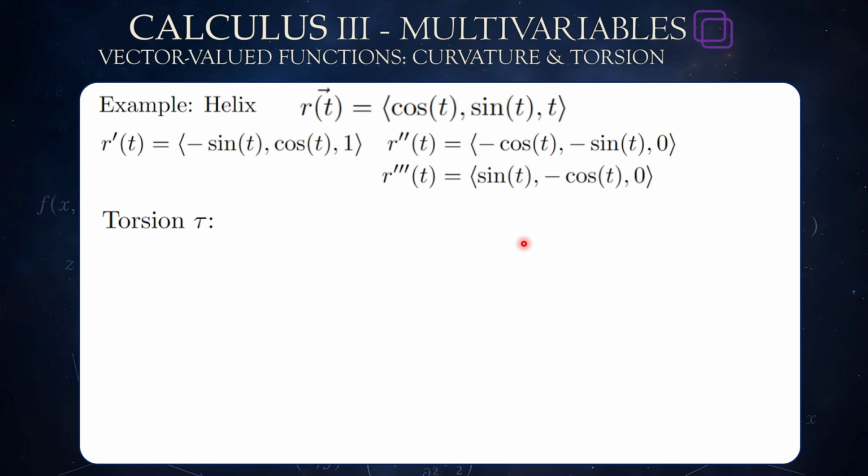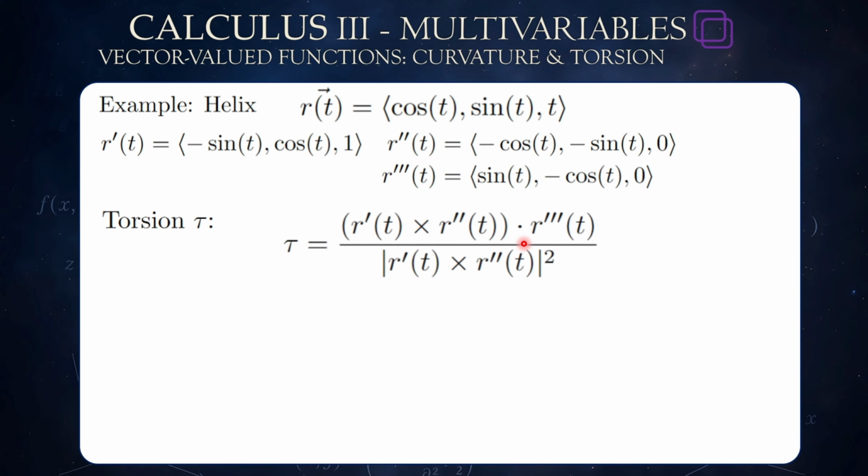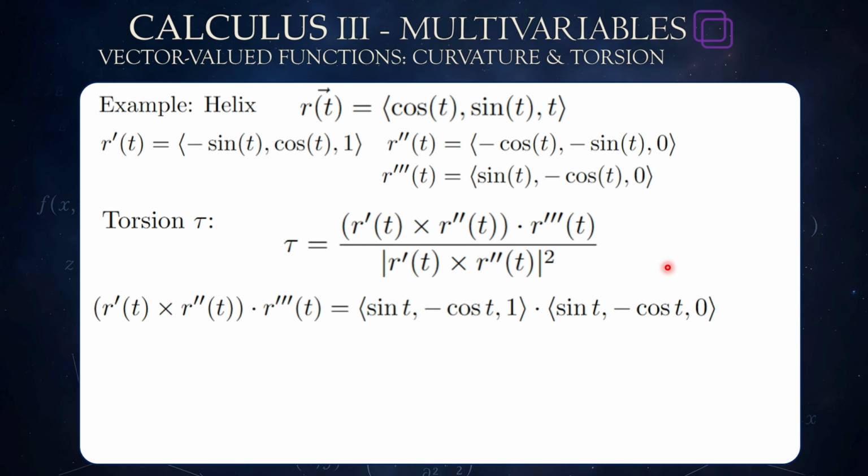Okay, then let's get the torsion. So we've gotten already the curvature. Torsion is equal to r prime t cross r second t, dot r third derivative t, divided by r prime t cross r second t squared, the size, or the length, of this vector squared. So r prime t cross r second t, dot r third t, is equal to sine t, minus cosine t, 1, which is r prime t cross r second t.